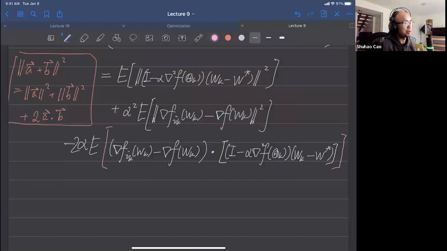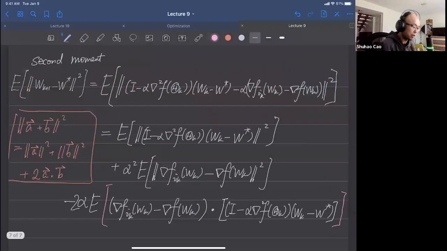So essentially, we apply the quadratic formula. It's nothing fancy. We have this term, and we have this term. There is no randomness in this term. The only randomness is this term, so the expectation of this term is it without expectation. I know some of us may be curious, isn't the W stochastic? It's not directly stochastic.